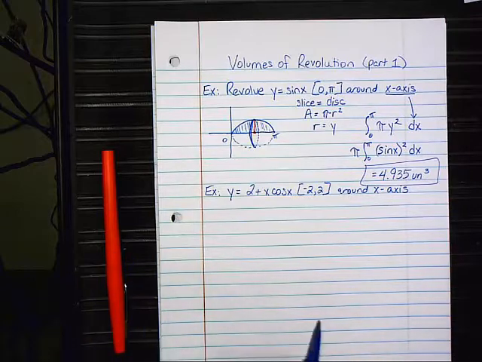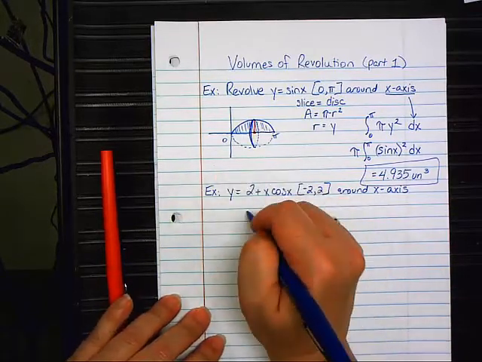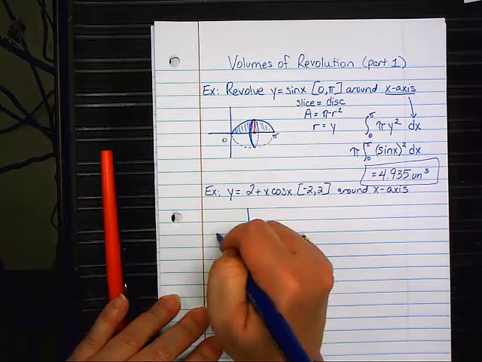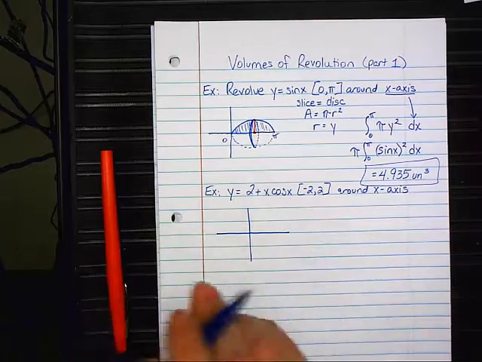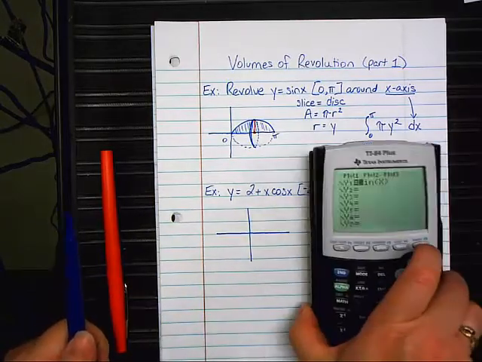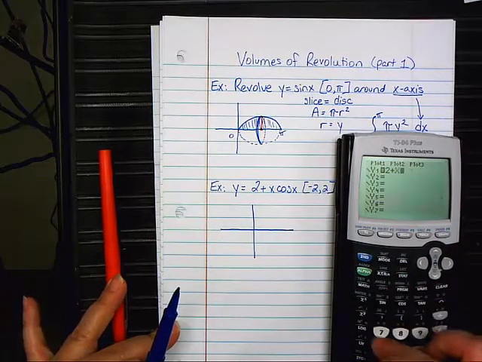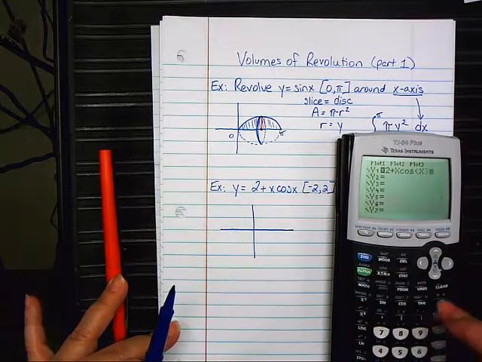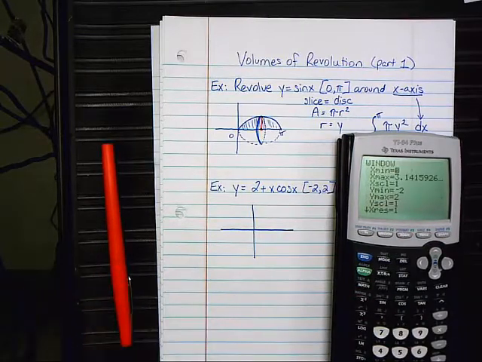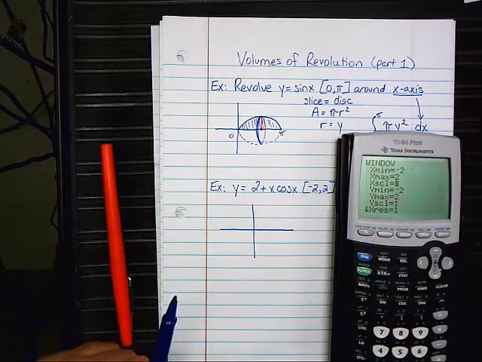So, since I'm going from negative 2 to 2, I'm going to need both quadrants. So I'm going to move this over just a little bit. Clear that out. 2 plus x cosine of x, window, negative 2 to 2. That's easy. Now the height. Now I did this last period, so I know what I need to make it.